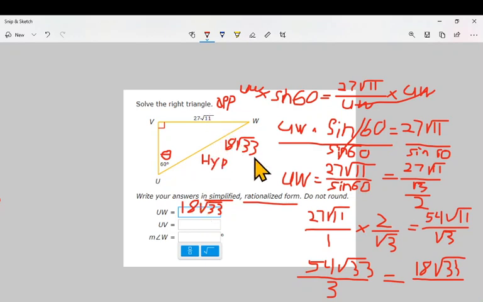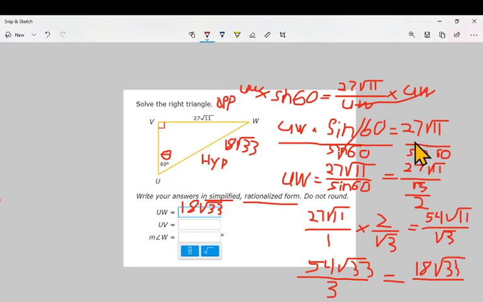Since we now have two of our sides, we can use Pythagorean theorem to find the missing one. The problem is with this IXL, since it wants you to have the answers in your rationalized or radical form, the square root, there is a good chance that you are not going to be able to do that with the Pythagorean theorem. You're going to get some whole number with a decimal. And so we basically want to repeat what we just did here.